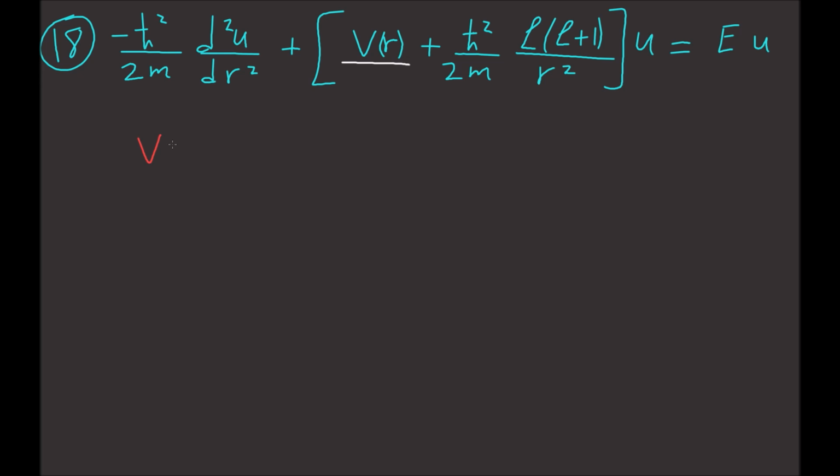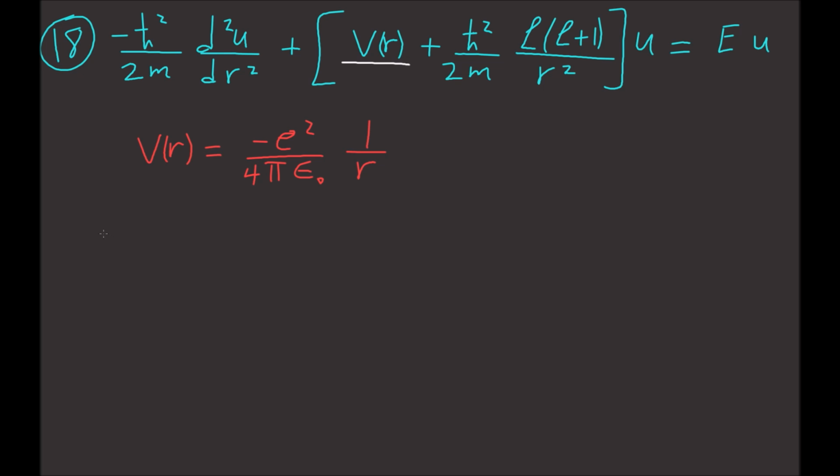So we have V of r equal to minus the charge of the electron squared divided by 4 pi epsilon naught times 1 divided by r. So this is our potential function. Let's plug it into equation number 18 and try to solve it, okay?